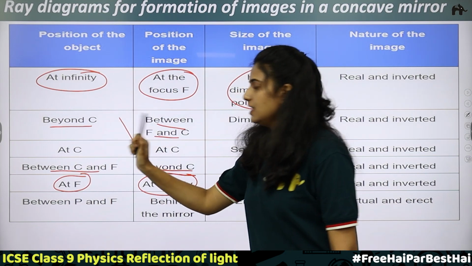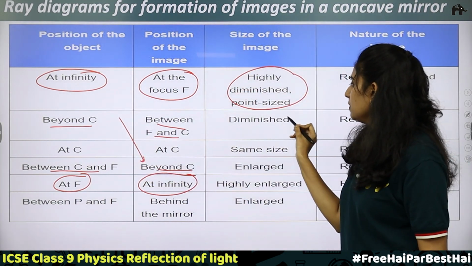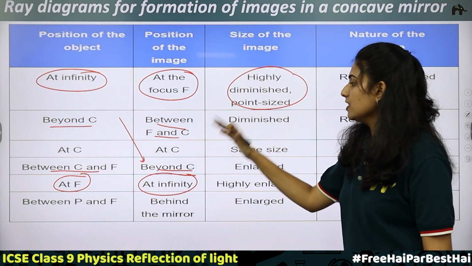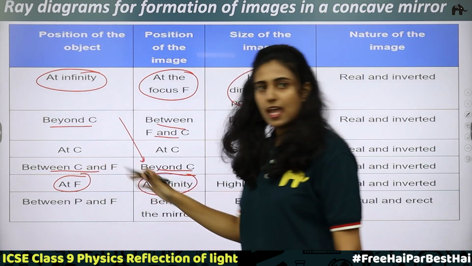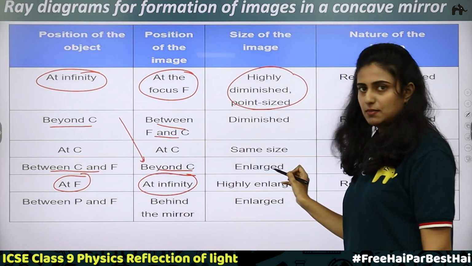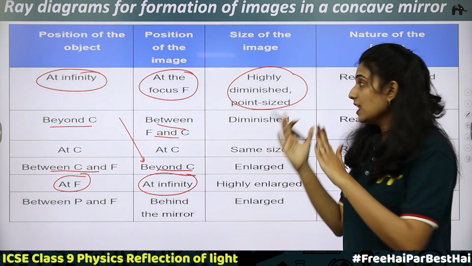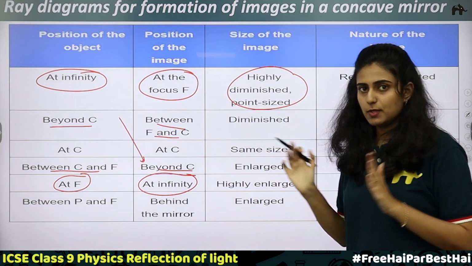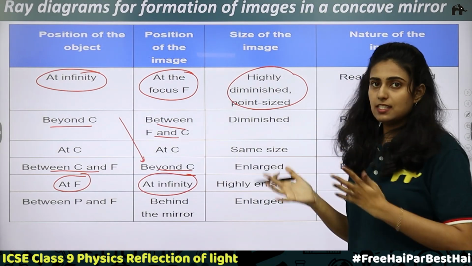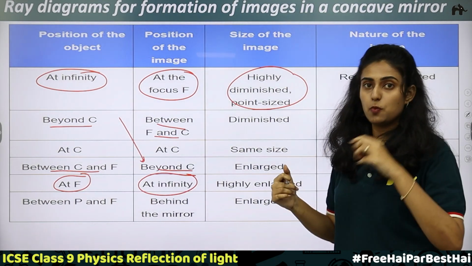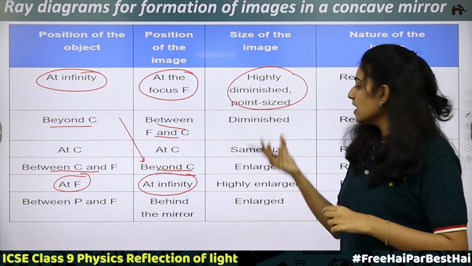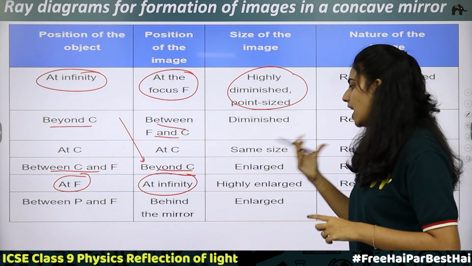Next, beyond C, that is the second case, you can see a diminished image, and in the opposite case, between C and F, it will be an enlarged image. At C, we are getting an image of the same size. So when the image is moving away from the mirror, what is happening? The size is increasing. Starting from highly diminished, point size, it became diminished, then same size, enlarged, highly enlarged.